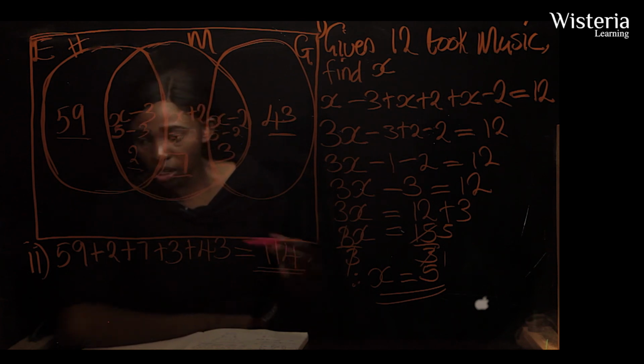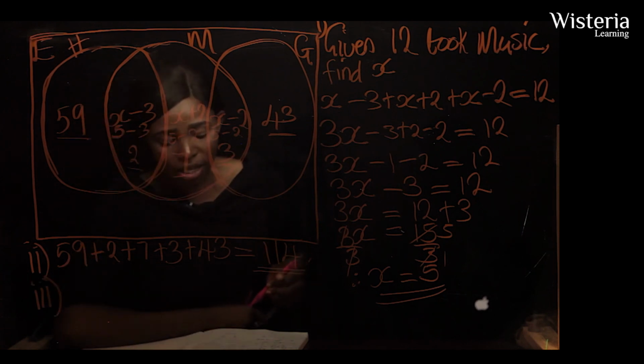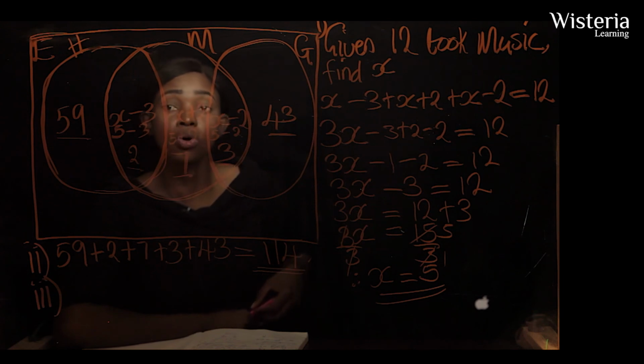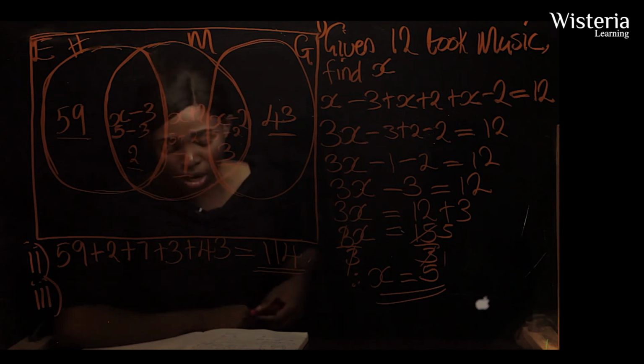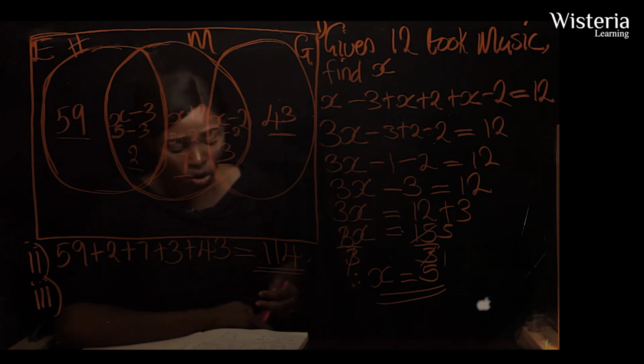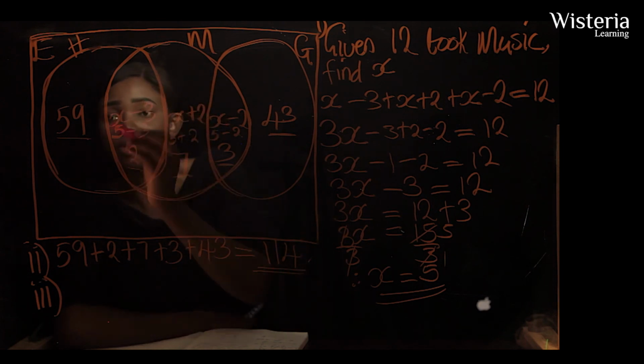Then number 3, find the number of learners who took one optional subject only. Those who took one optional subject only, they just took one.